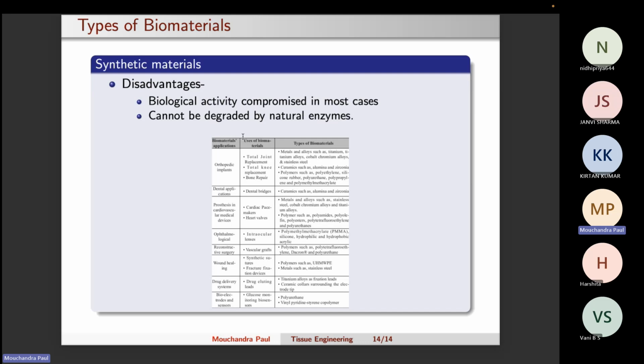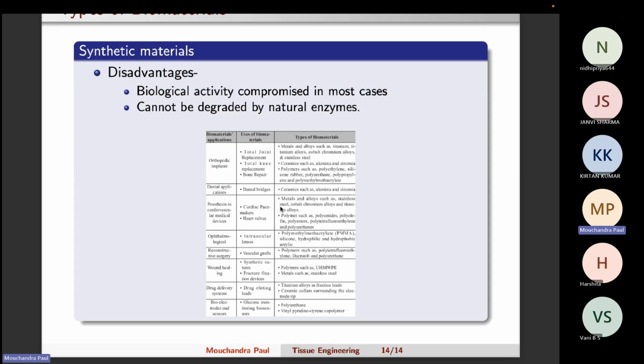You have to modify it in order to make it biologically active. Also, they do not contain any groups which respond to the naturally occurring enzymes, which is why they either cannot be degraded by the body or the degradation process is very slow.